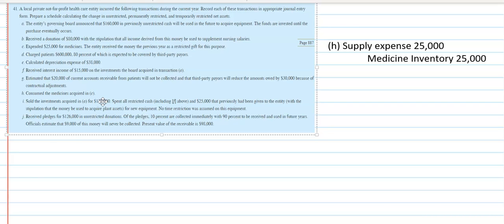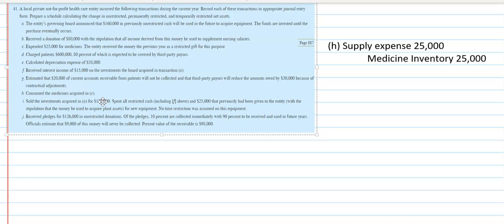Then they spent all that money, the sale proceeds 172,000, plus they earned some interest, which you already know from entry F, $15,000, plus they added another 25,000 which they kept aside for these equipment purposes. And then they spent all these three resources and bought that equipment.